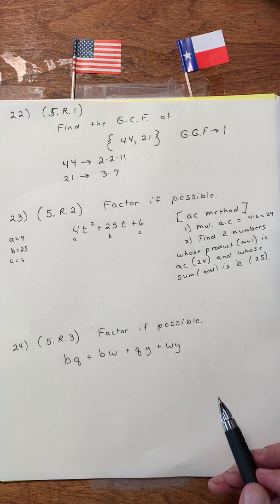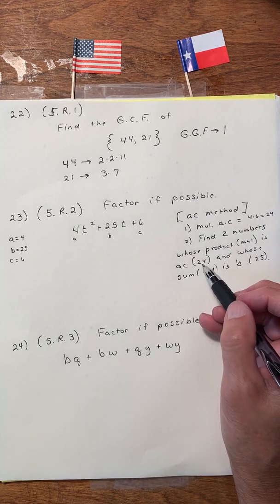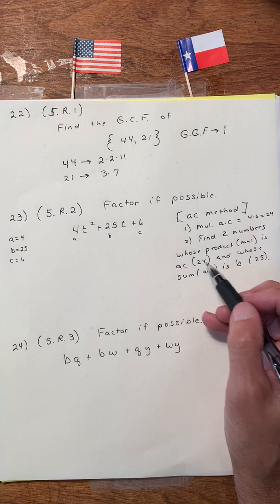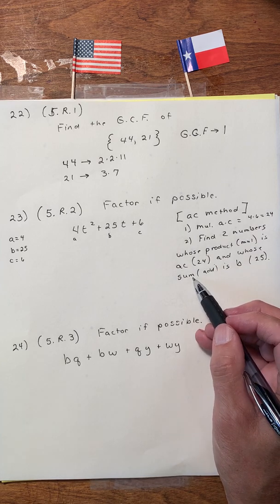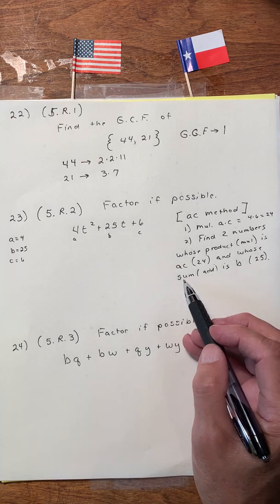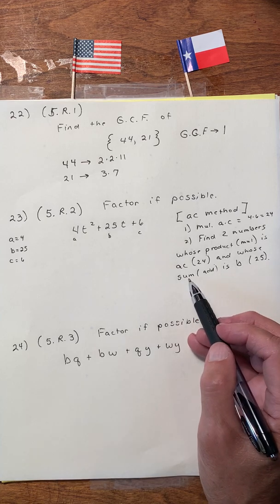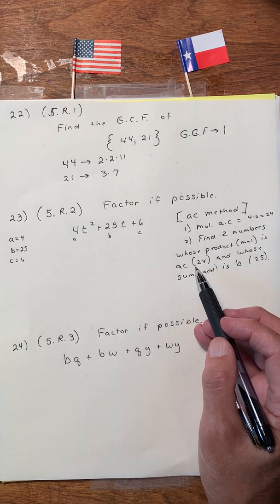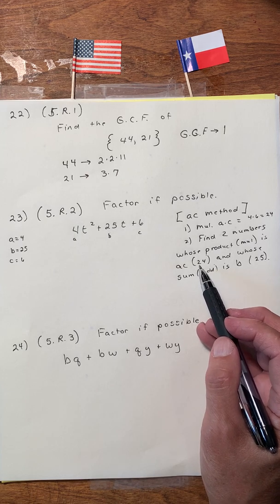So I'm looking for two numbers whose product is 24 and whose sum is 25. Don't start considering the sum. There are an infinite number of sum possibilities with whole numbers. There are a very limited number of products with whole numbers.